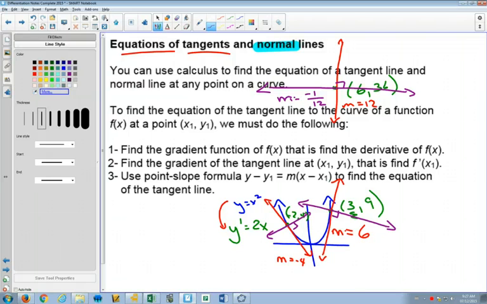Negative 1 over 12, yes. Normals won't always be negative, but this one, negative 1 over 6. This one will be positive 1 over 4, because our slope was negative to begin with, right?